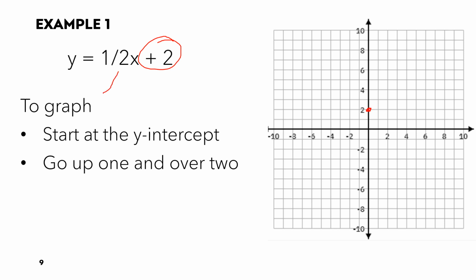And then your slope tells you how far up or down to go. I'm going to go up 1, then I'm going to go over 2. Because my slope is positive, I want to point out something here. It's a good time to pay attention, which means the line increases.